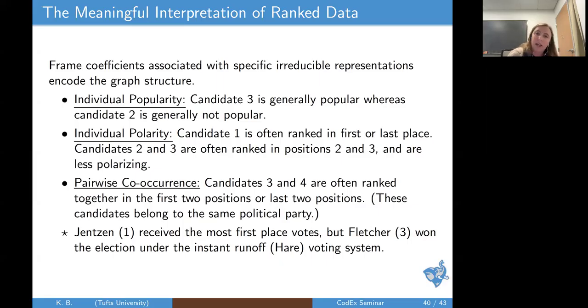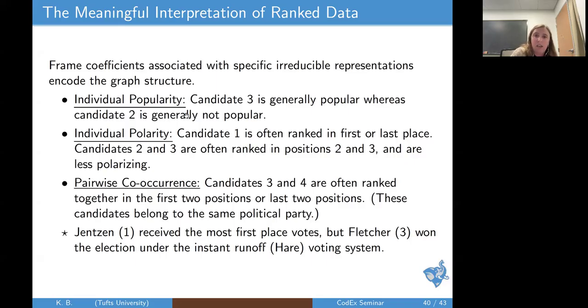They could see this polarity where candidate 1 was often ranked in first or last place, and candidates 2 and 3 were ranked in middle position, so they were less polarizing, and this pairwise co-occurrence where they're ranked together in the first two or last two positions.